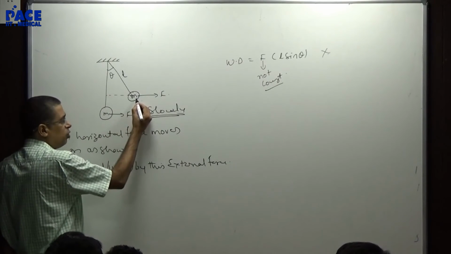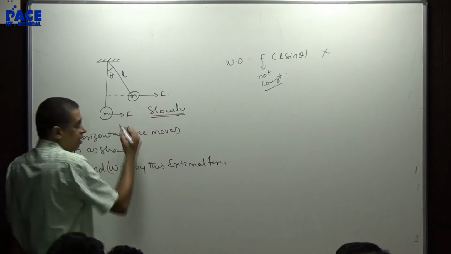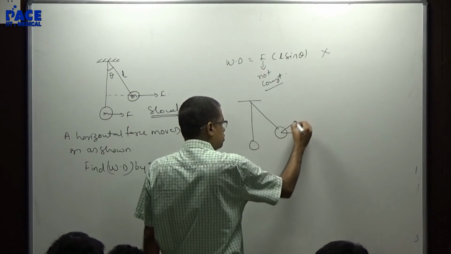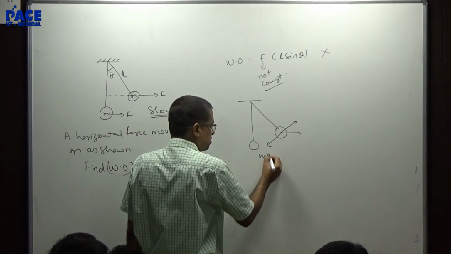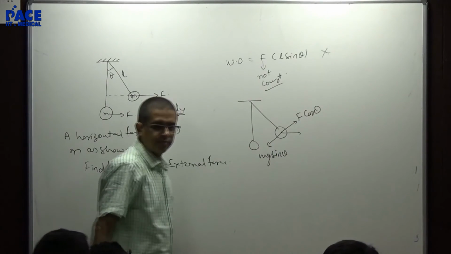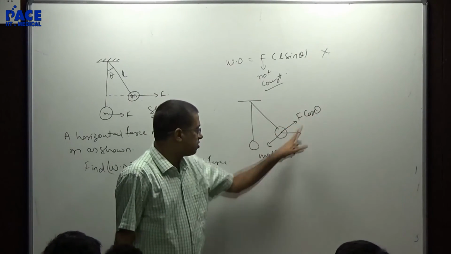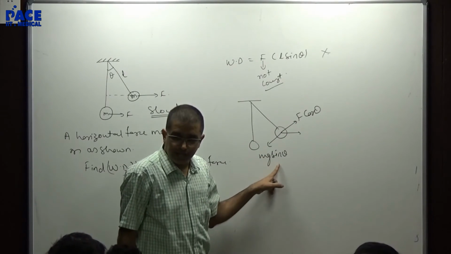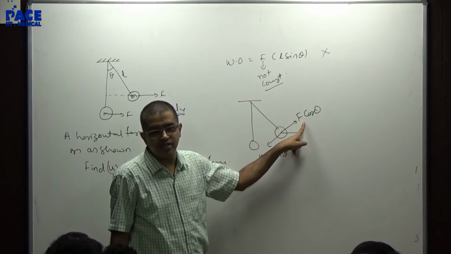If this should move with uniform speed, at every stage, mg sin theta should be balanced by F cos theta. Now as theta is changing, F is mg tan theta. Theta is changing, so the magnitude of F should be changing.